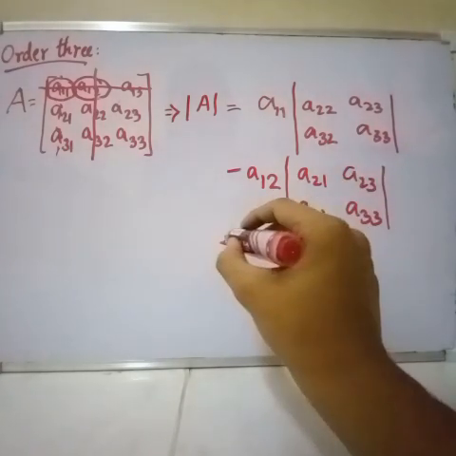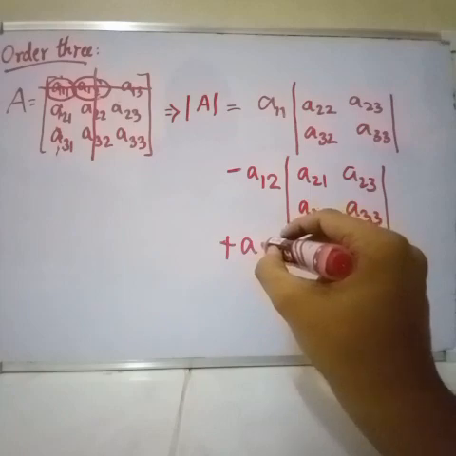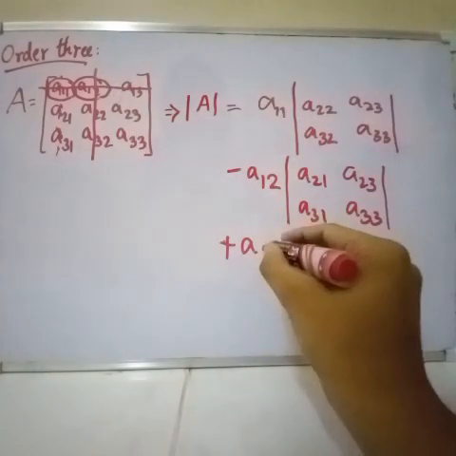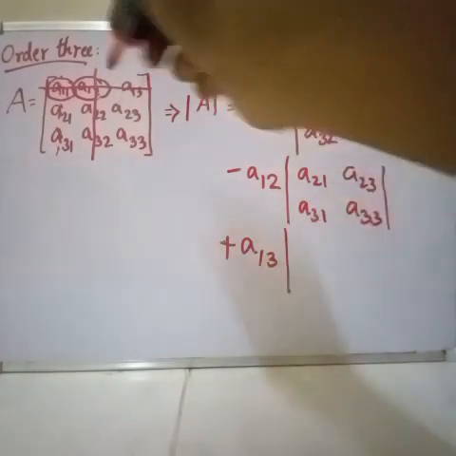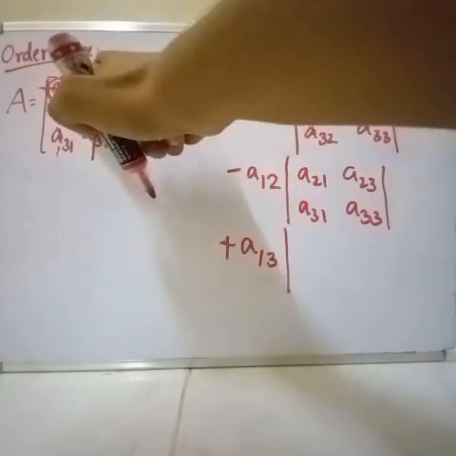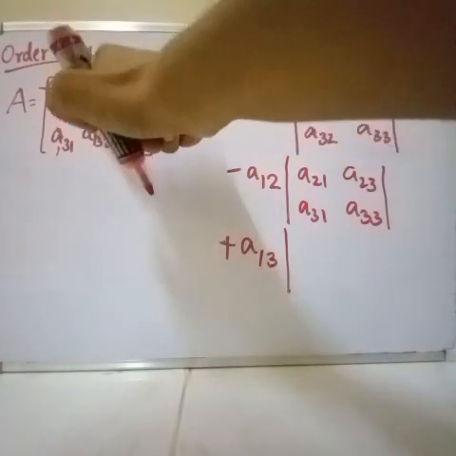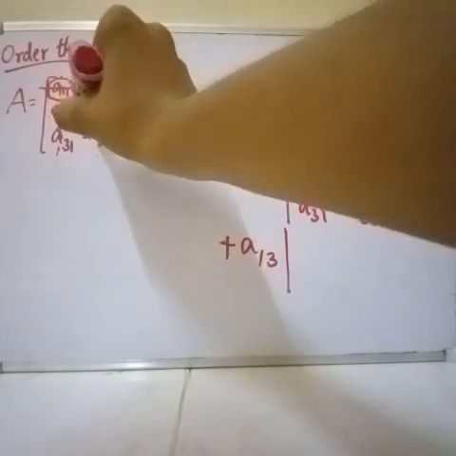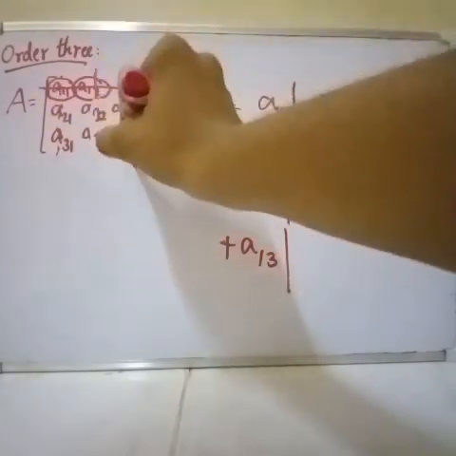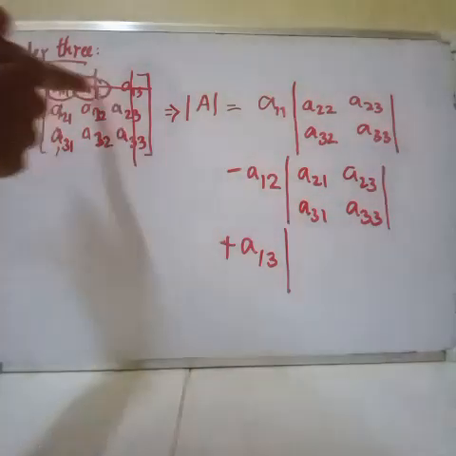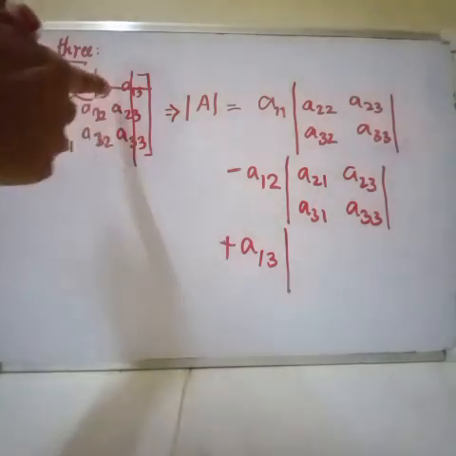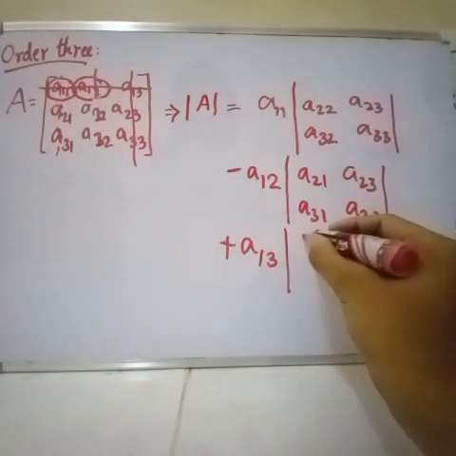Now with this you have to add the third element multiplied with its determinant. If you check this row, it is there, but this column will be cancelled out. So whatever will be left out, these four elements will be left out.